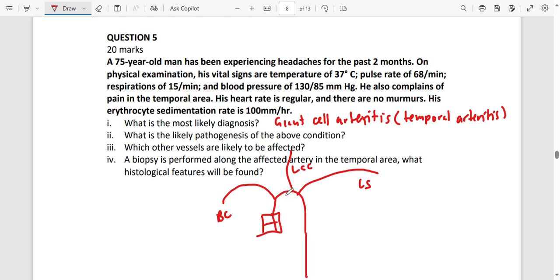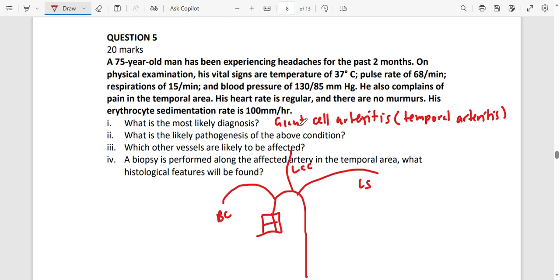Specifically, when you look at the arch of the aorta and its branches, sometimes there can be granuloma formation in these arteries, and that is what leads to giant cell arteritis.